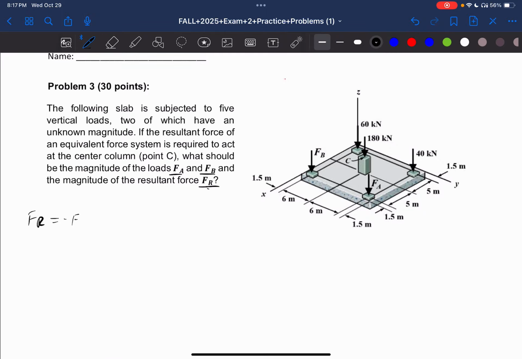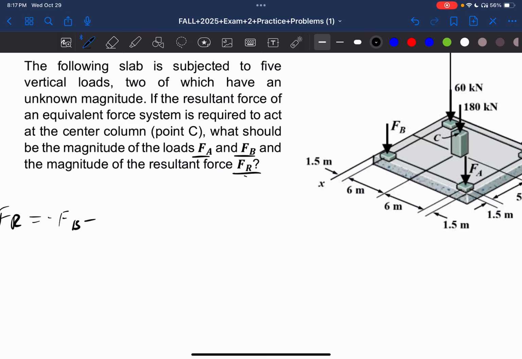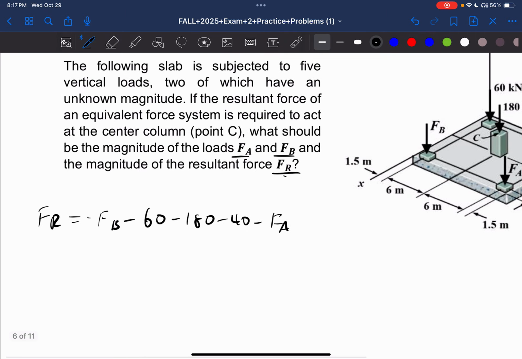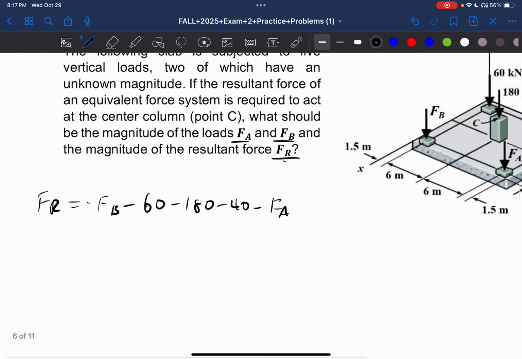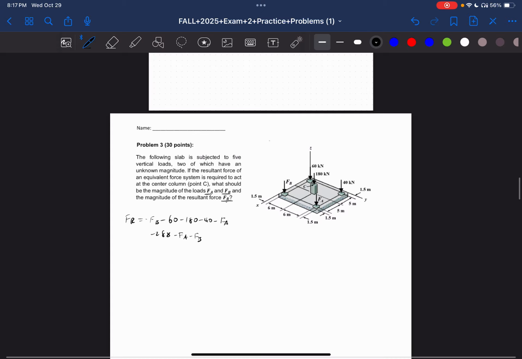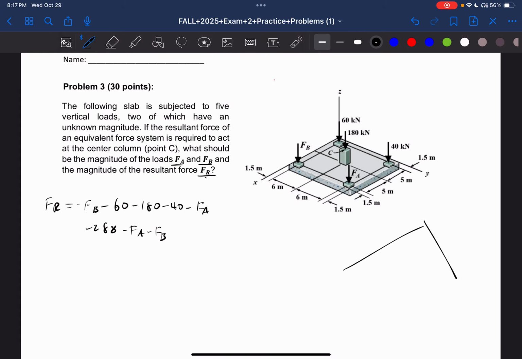Okay, so negative Fb minus 60 minus 180 minus 40 minus Fa. And that's going to be negative 288 minus Fa minus Fb.